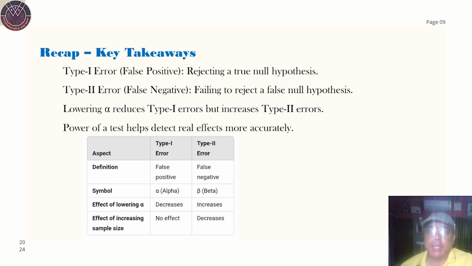That means you have taken a decision by increasing the alpha level, or taking a higher level of risk, that the particular drug is working. So you should see that type 1 error is more dangerous than type 2 error.